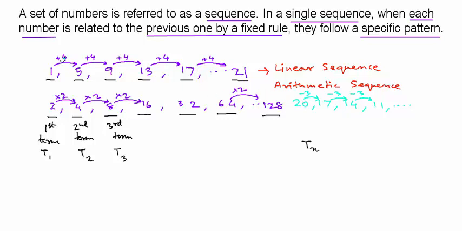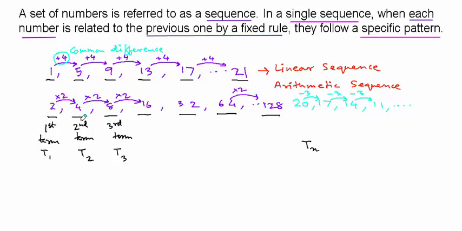That difference here is called the common difference of the arithmetic sequence. Only an arithmetic sequence can have a common difference. For example, if you look at this sequence of numbers where each number is multiplied by 2 to get the next one, the difference between the numbers is not fixed.